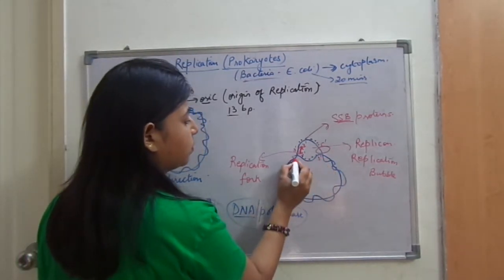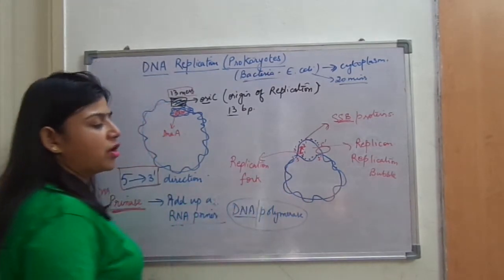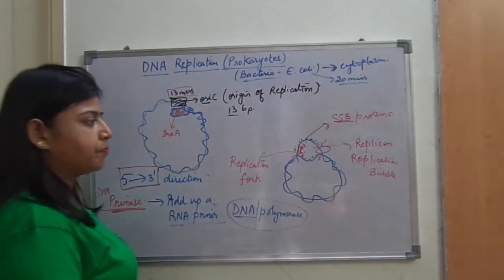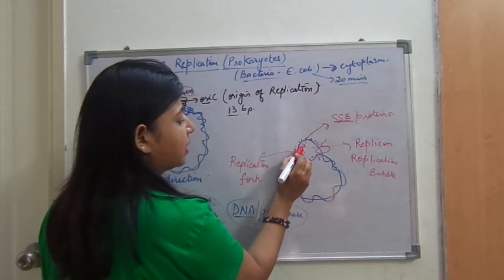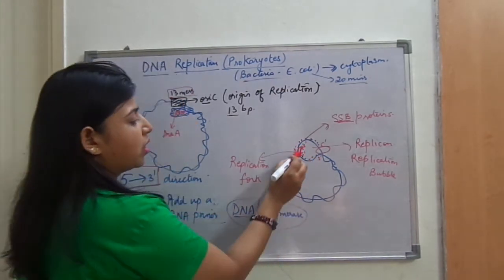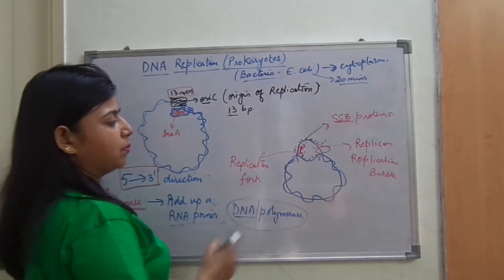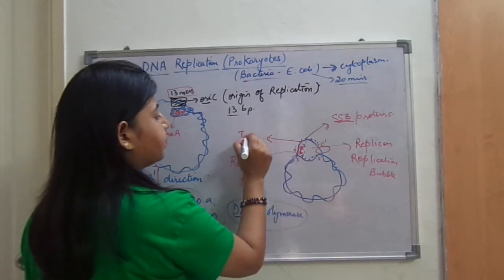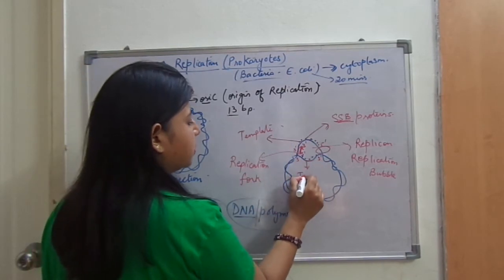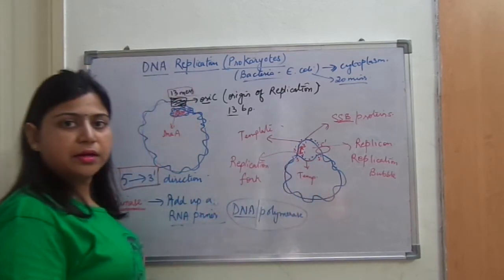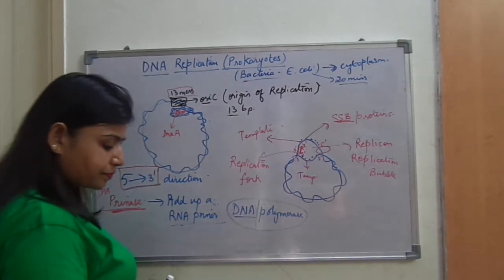Alternatively, this is the 3' and this is the 5' end of the parent DNA, right? And DNA primase attaches at the replication fork at the 3' end of the template. This is the template DNA and this is also the template DNA, right? It comes and attaches over here, right?